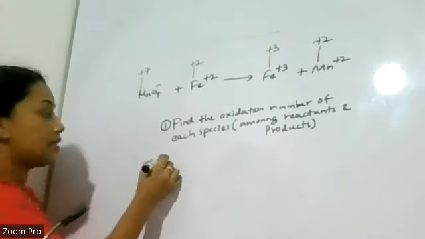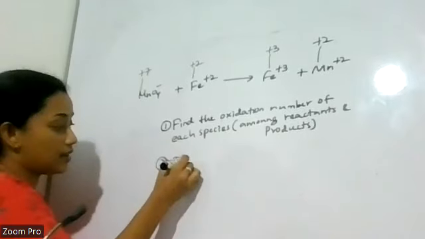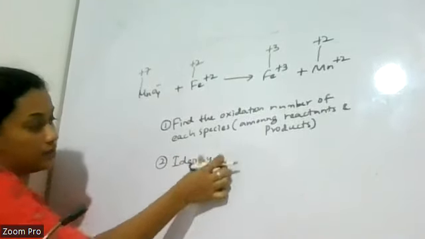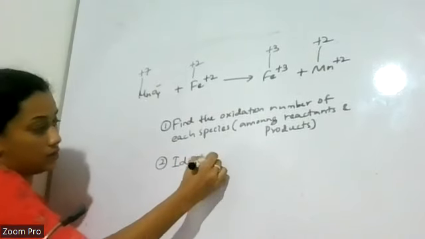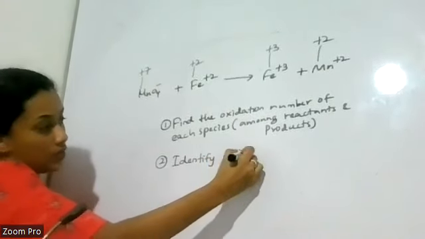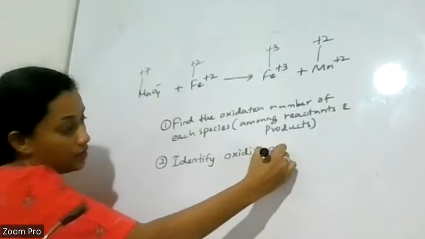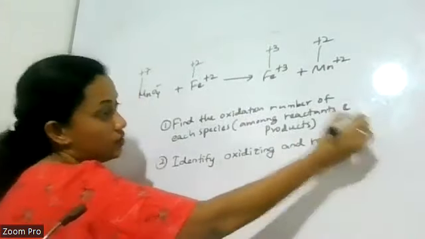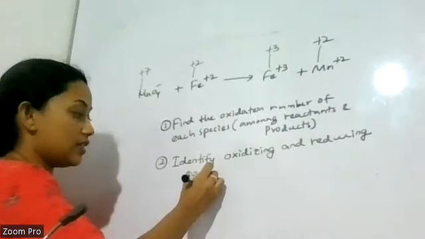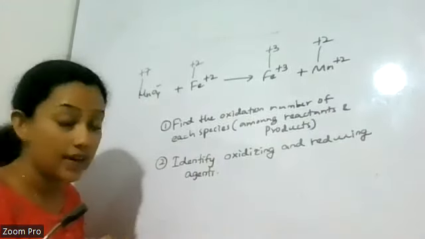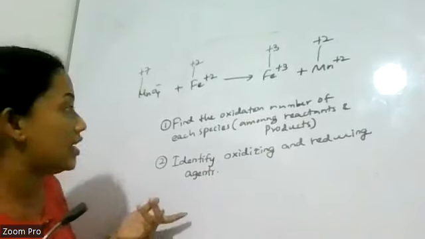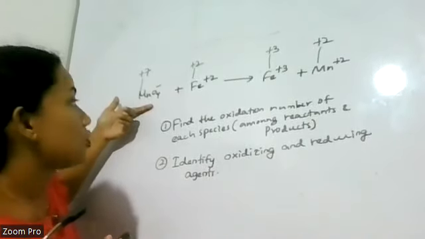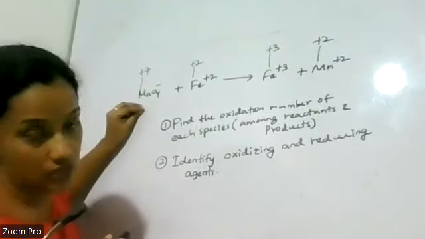Then, the second step is to identify oxidizing and reducing agents. Where oxidation takes place, it is called a reducing agent.